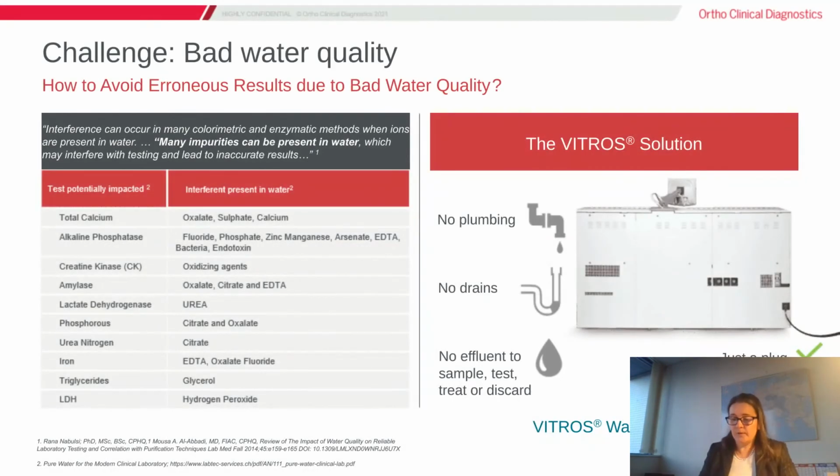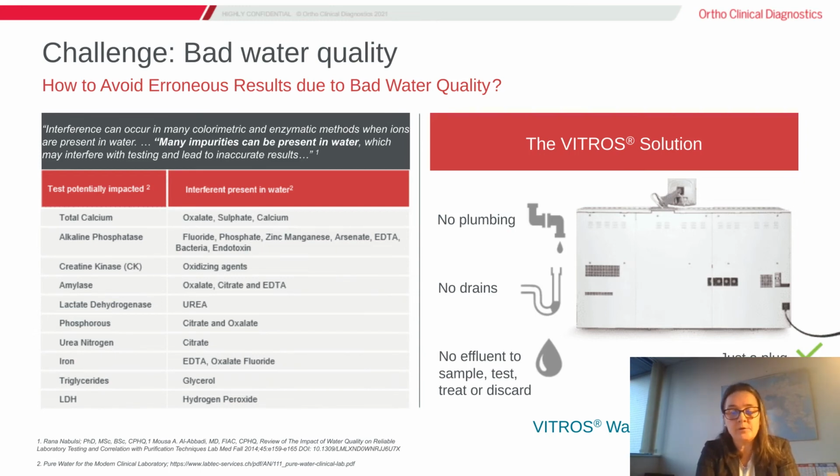Another extremely common aspect, so last but not least, I want to mention is how poor water quality and impurities generally can lead to inaccurate results in a variety of different assays that you see detailed here.